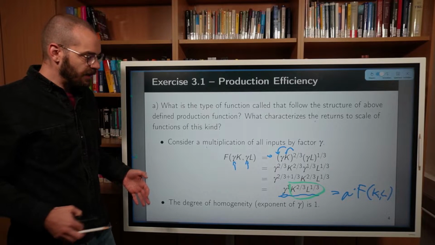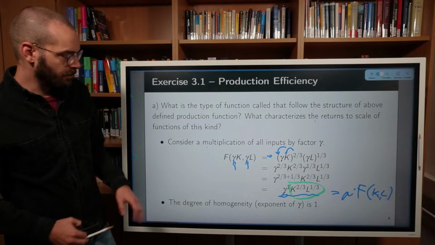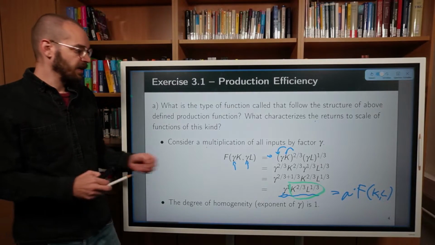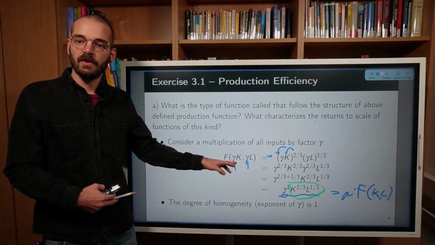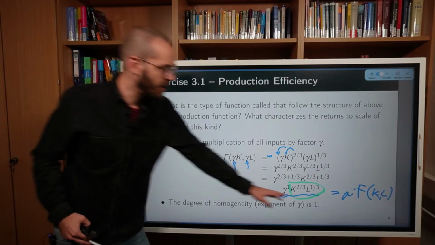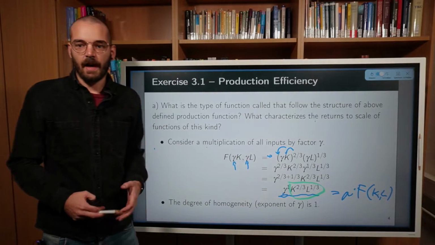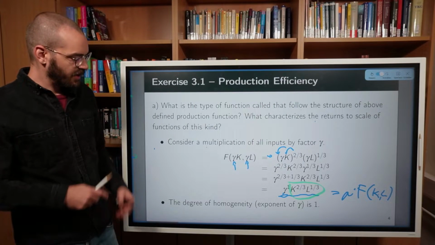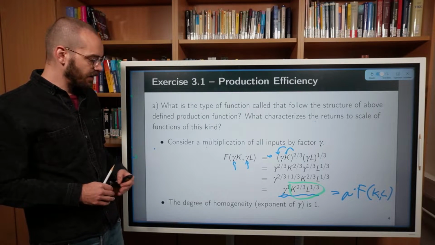So, in this specific case, because the exponent of this factor gamma is 1, so we have gamma as an input multiplicator, and then we have gamma to the power of 1, so simply gamma as an output multiplicator, we know that we have a constant return to scale.